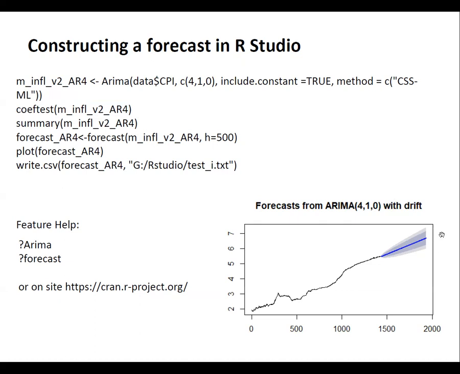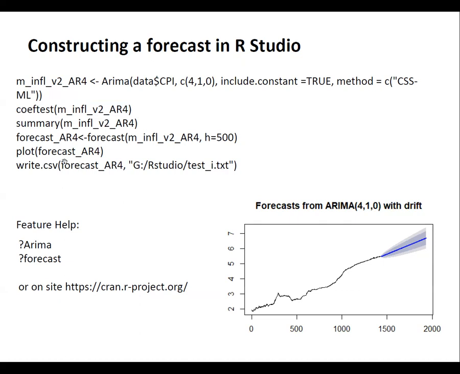By default, the confidence intervals are the 80% interval and the 95% interval, which is indicated in light gray. These confidence intervals can also be changed. Please see the manual for this function for more details.